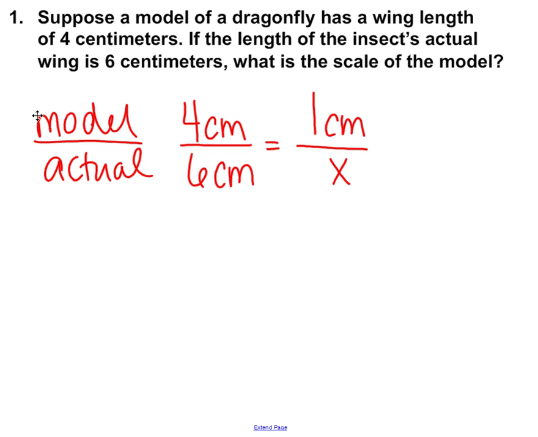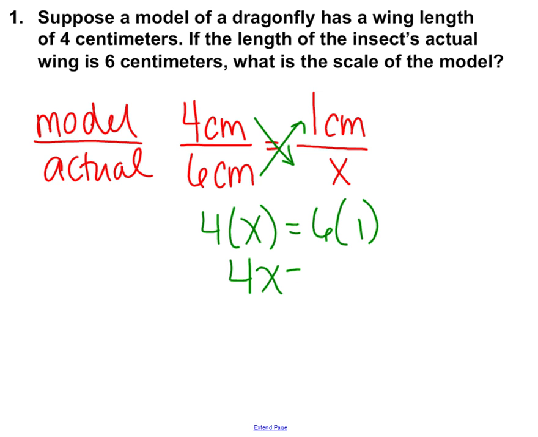Next thing we're going to do is solve the proportion using our cross products. So we're going to multiply 4 times x and then 6 times 1. Now that we have our cross products, we can multiply. So 4x equals 6.